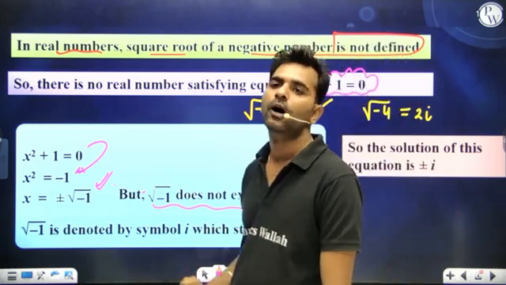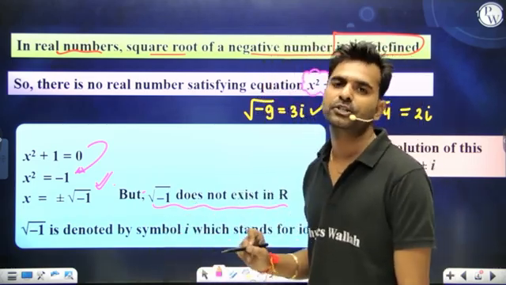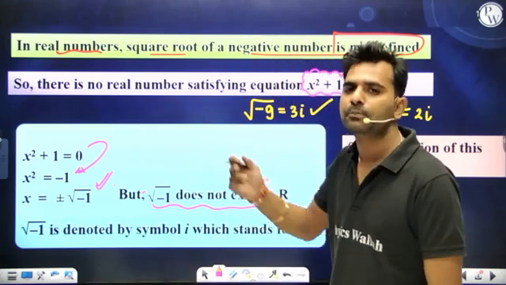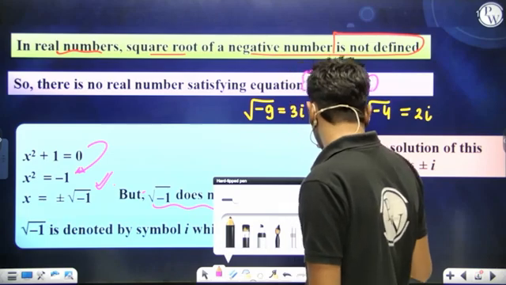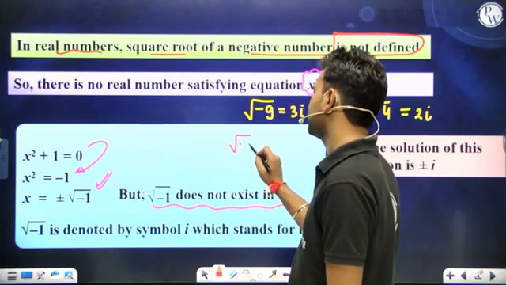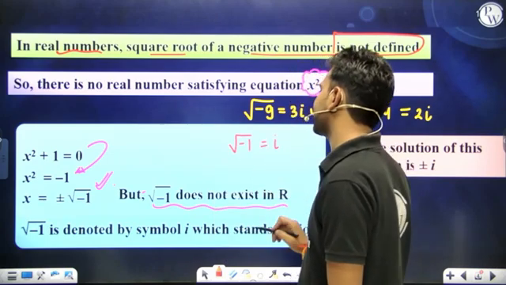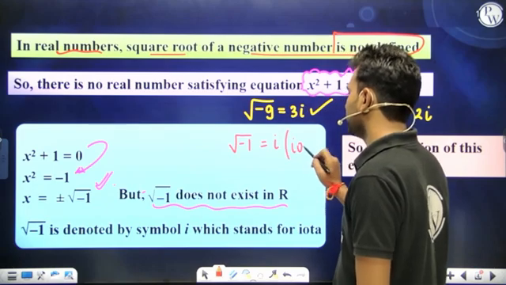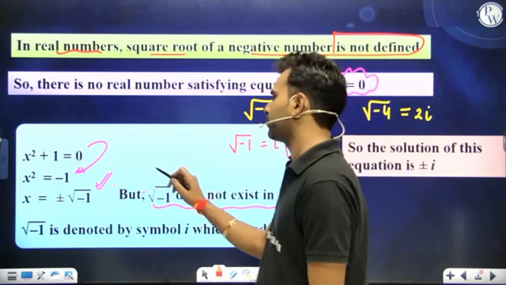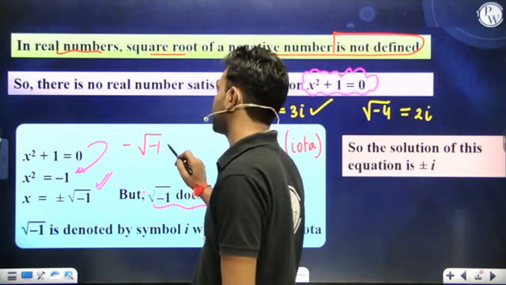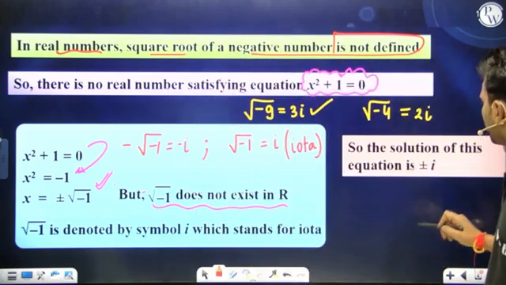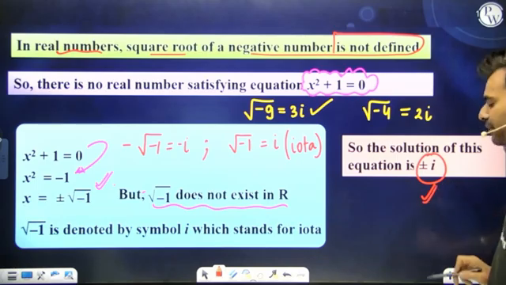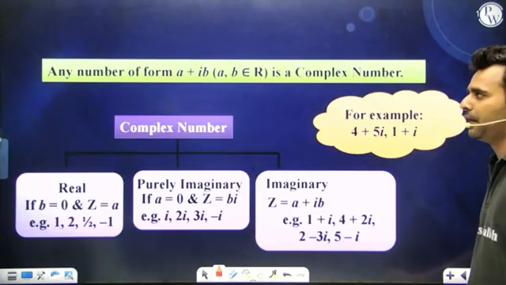Hence a new set of numbers came into the picture, and that is complex numbers. Under root of minus 1 was designated as i, that is iota, and accordingly minus under root of minus 1 will now become minus iota. Yes or no, everyone? So the solutions of the equation were called plus minus iota, and these are imaginary numbers.